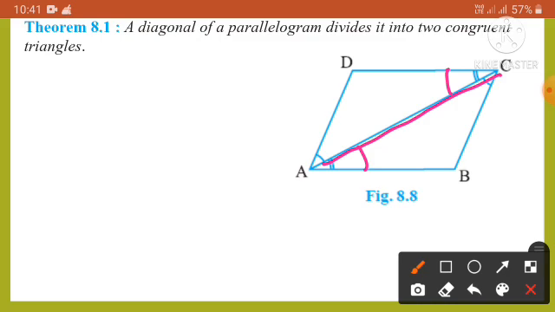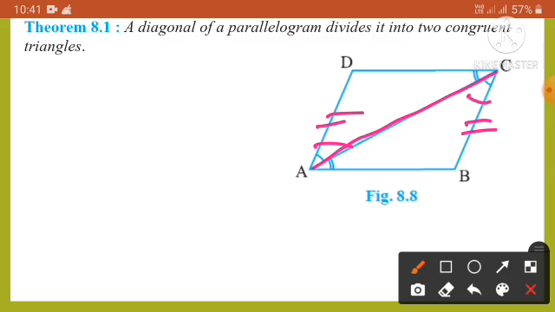And also we know that AD is parallel to BC and AC is the transversal, so we can say that angle DAC is equal to angle BCA as alternate angles.